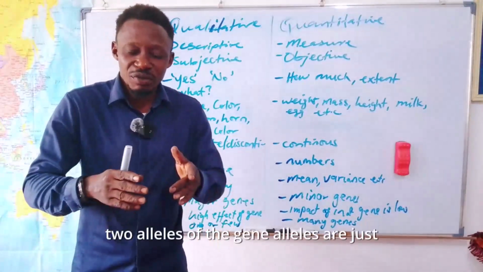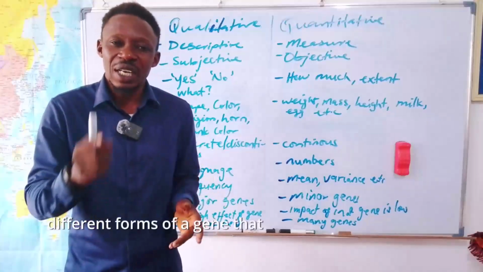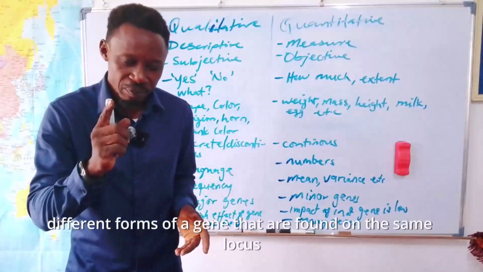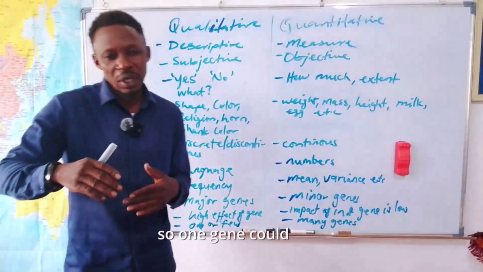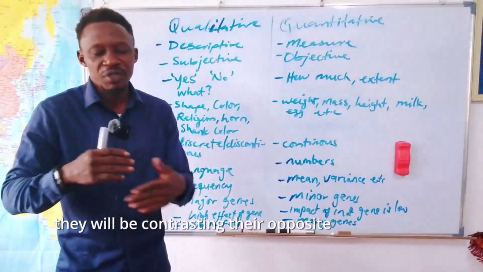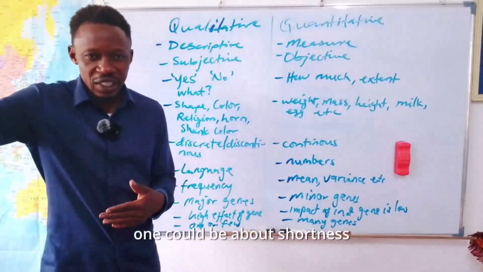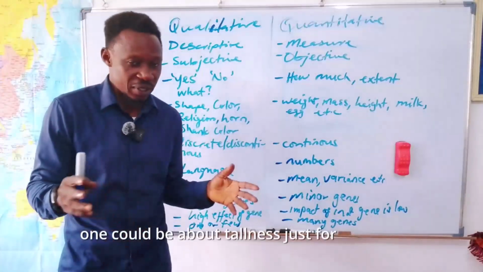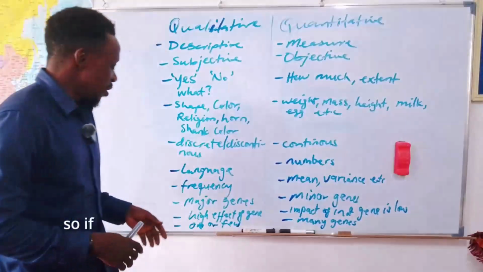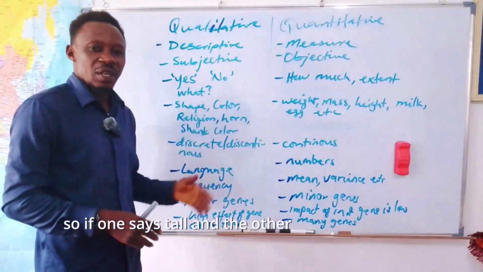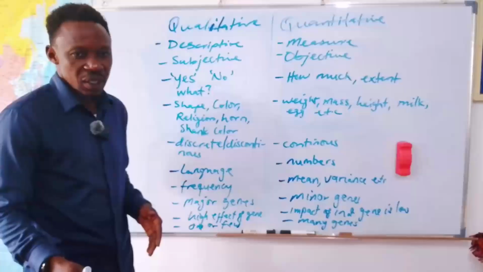Alleles are just different forms of a gene that are found on the same locus. So for one gene they will be contrasting. They are opposite forms of the gene. One could be about shortness, one could be about tallness, just for example.